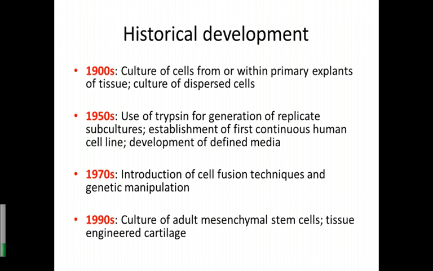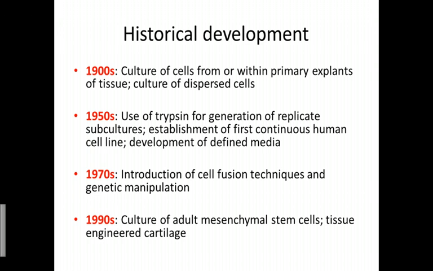Also in the 1950s, they developed defined medium for the culture of cells. Prior to this, cell cultures used biological fluids or serum from other mammals in order to support their growth. With the development of defined media, it can be used to culture cells in a more consistent way.